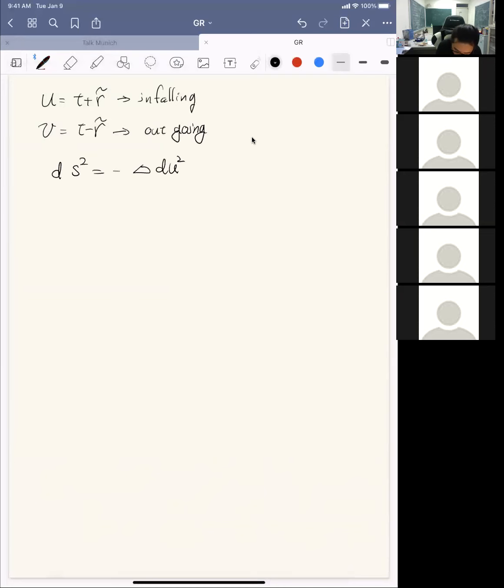So everything here is exactly like the Schwarzschild case, except that what we mean by delta is now different. In Schwarzschild, this delta was 1 minus r_s over r, if you remember. Now this is (r minus r plus)(r minus r minus) over r squared. This is what delta means. But aside from that, the coordinate system looks the same.